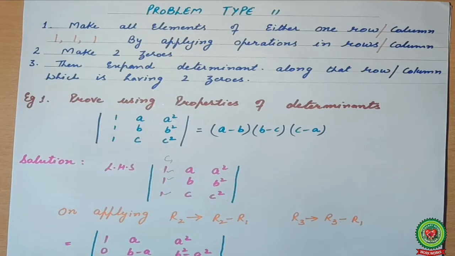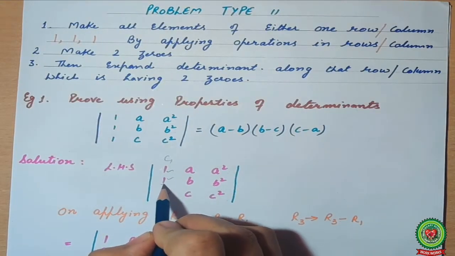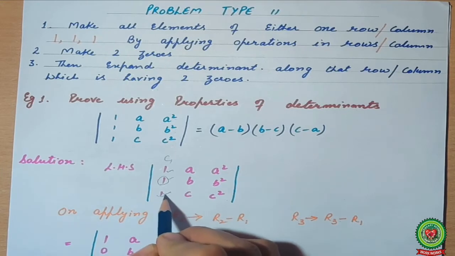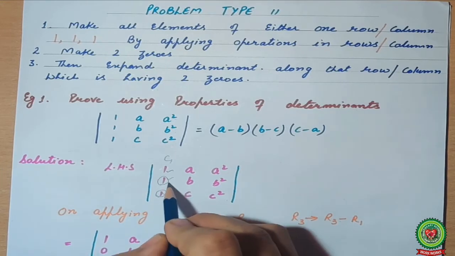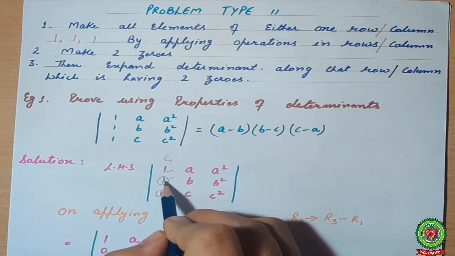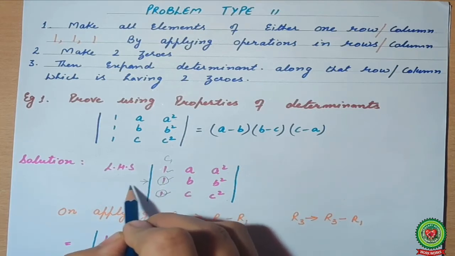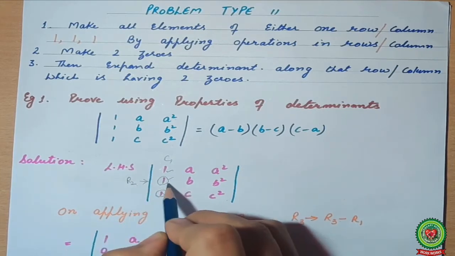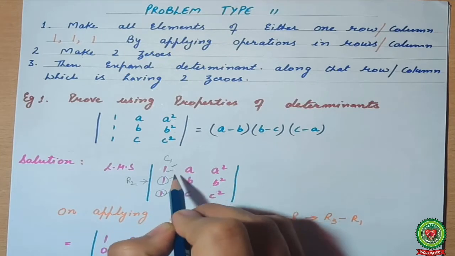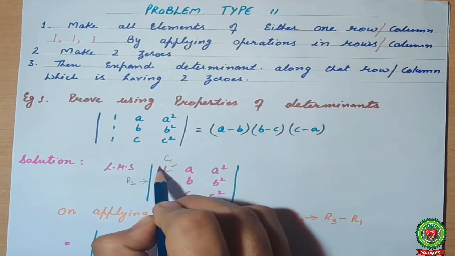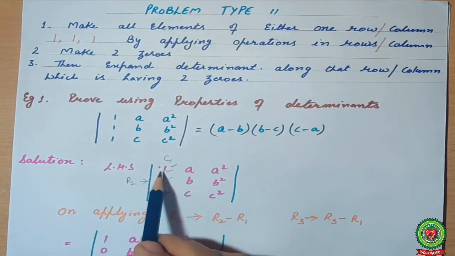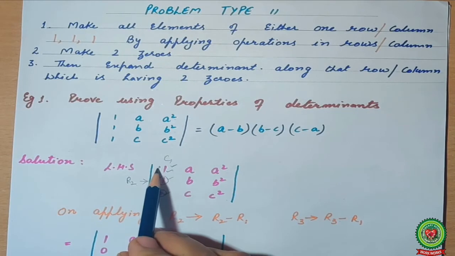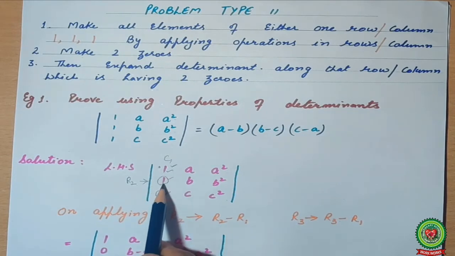We will apply the operations. First, I want a 0 here. I want a 0 here. Now, how will I make a 0 here? We will always take the help of the first row to make a 0 at this position and at this position.